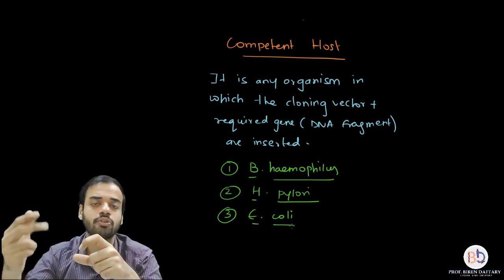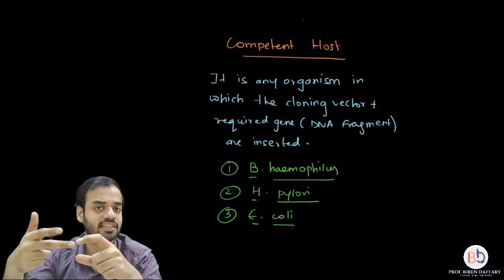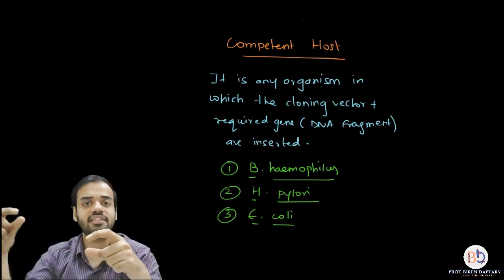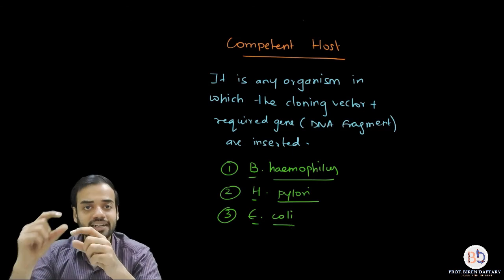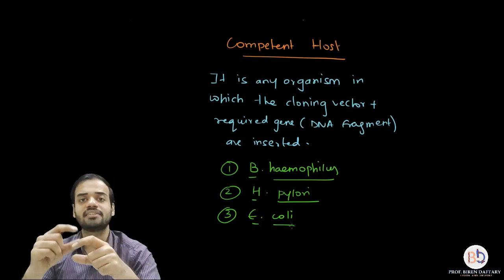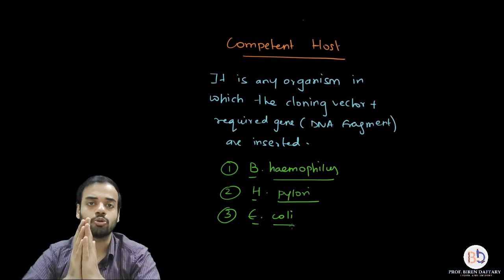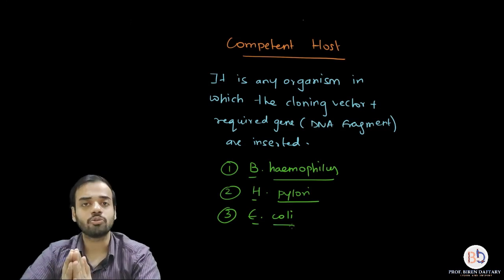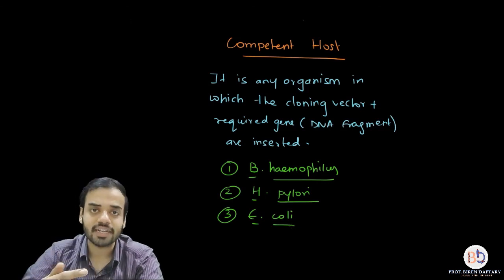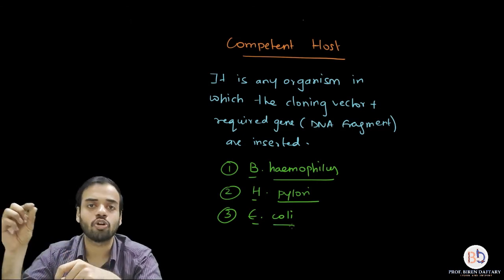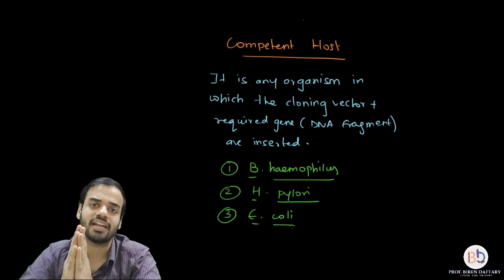How do you do it? You cut the cloning vector using restriction enzymes, and that gene is attached inside the cloning vector. That cloning vector plus gene is then inserted into the competent host cell. Inside the competent host cell, the cloning vector will replicate, the desired gene will replicate, and then that desired gene will get incorporated into the genome of the host cell, and it will show its effect.